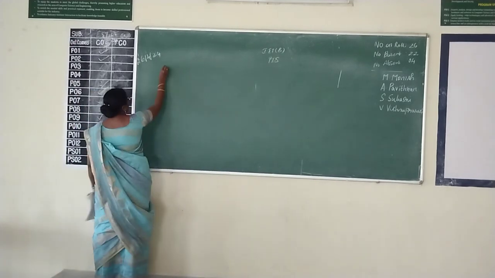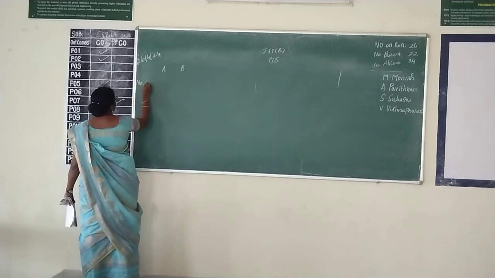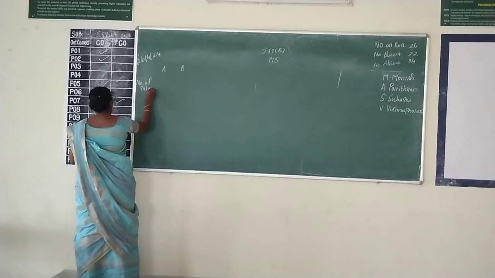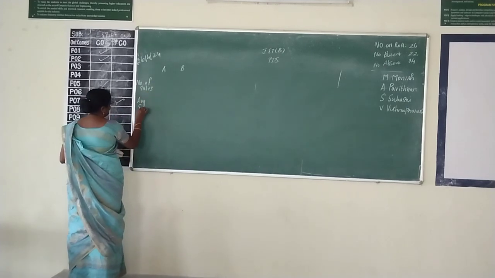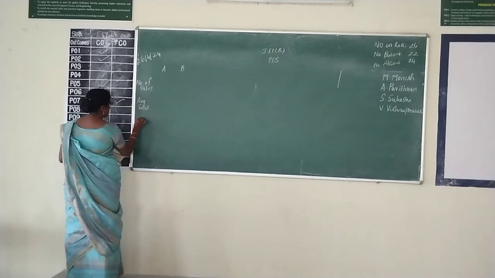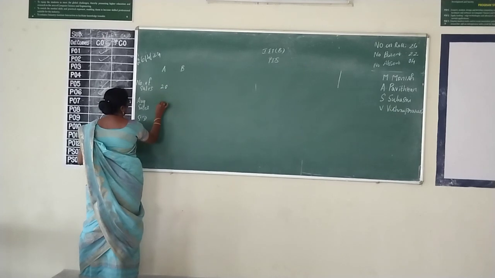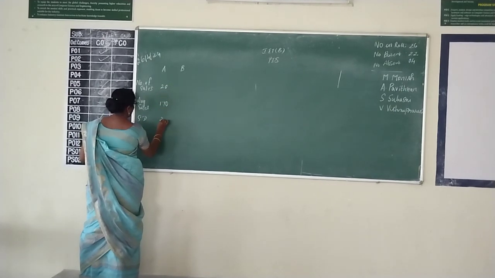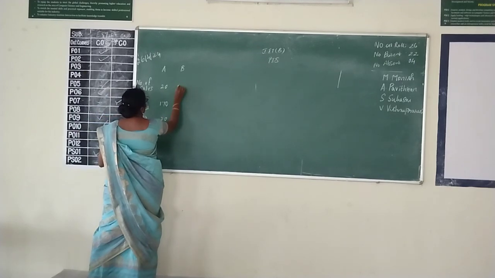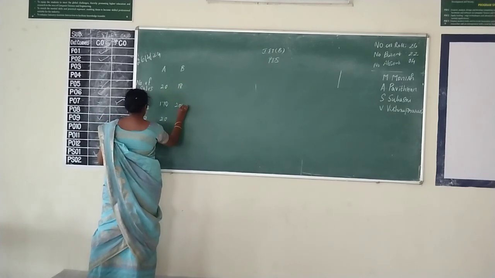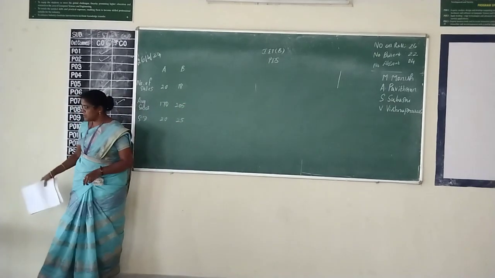You are given the information about person A and person B: number of sales, average sales, standard deviation, with values 20, 170, 20, 80, 205, 25. So these are the data that is given for you.